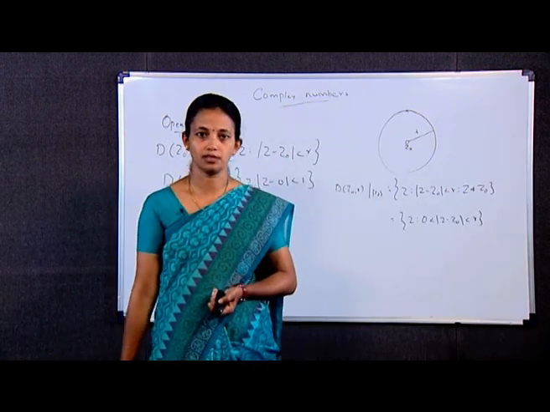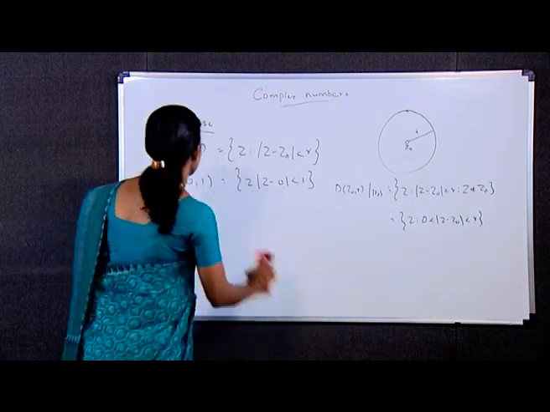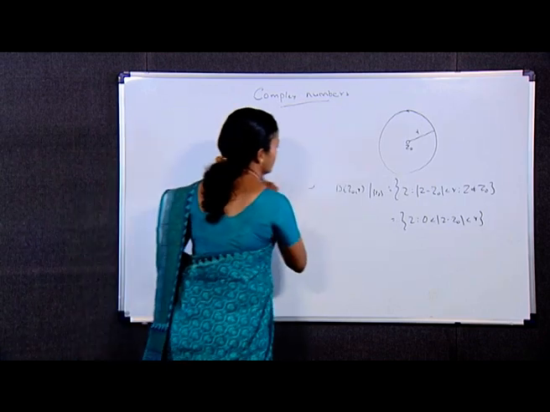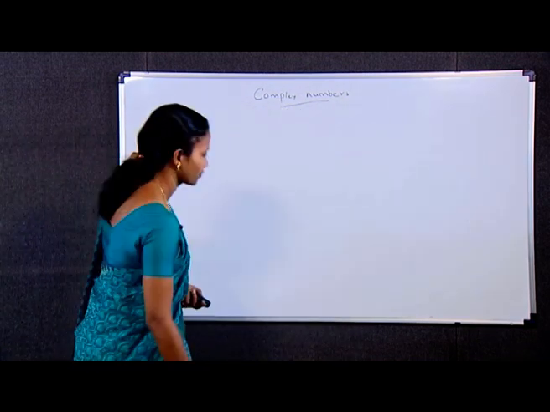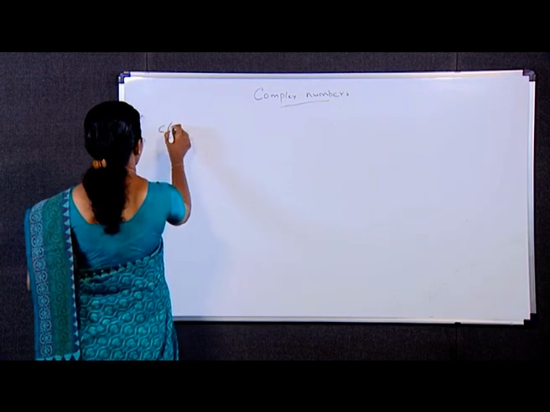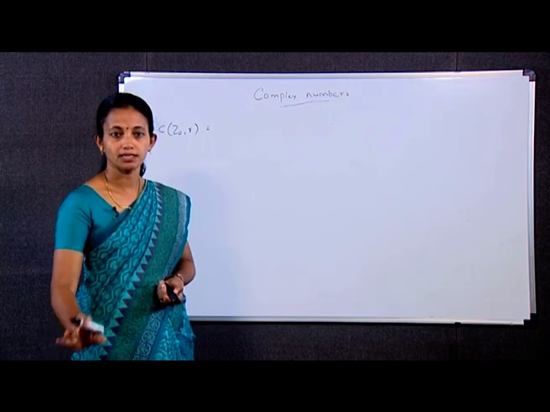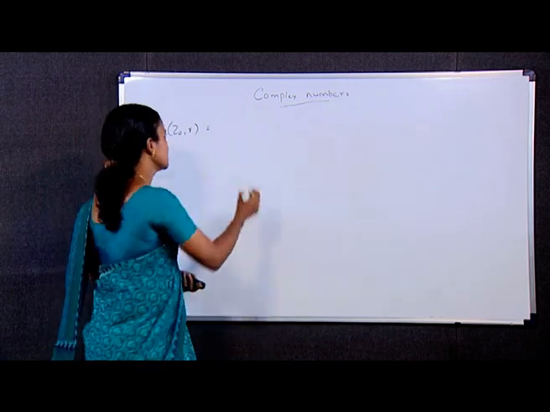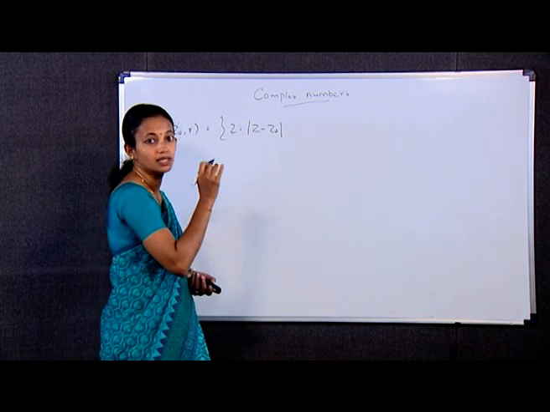Next we have the circle C(z0, r). C(z0, r) is the collection of all z such that |z − z0| is equal to r.